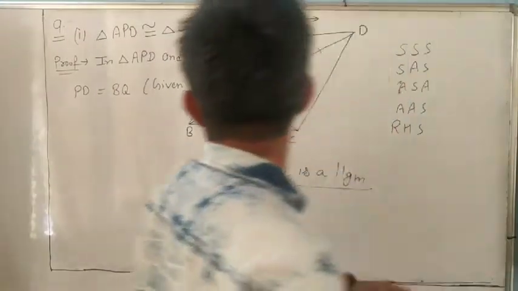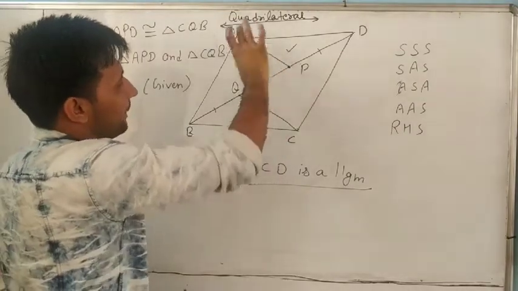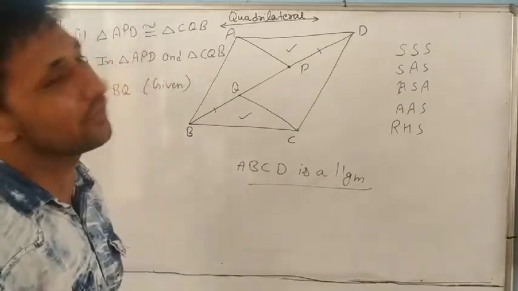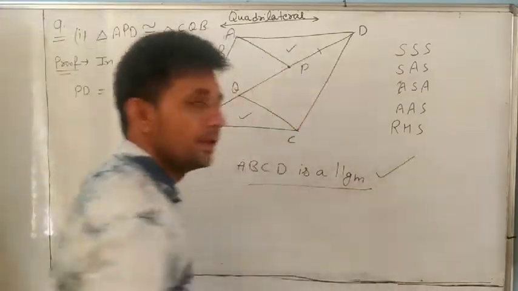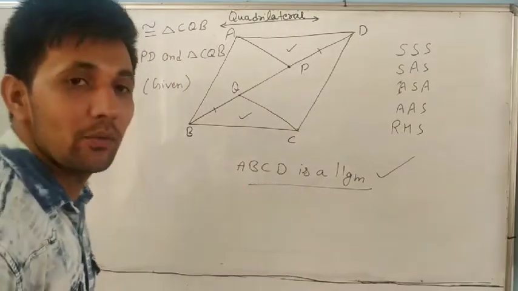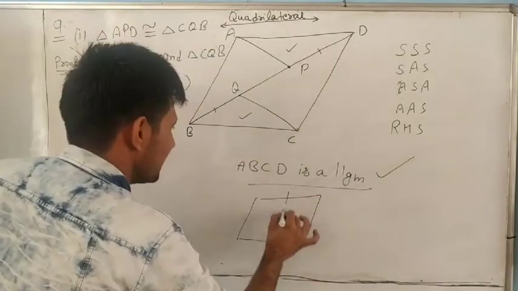Next, property, side. What can you say about CQ and AP? We don't know, nothing is given in the question, but one thing is given: ABCD is a parallelogram. A parallelogram means opposite sides are equal.